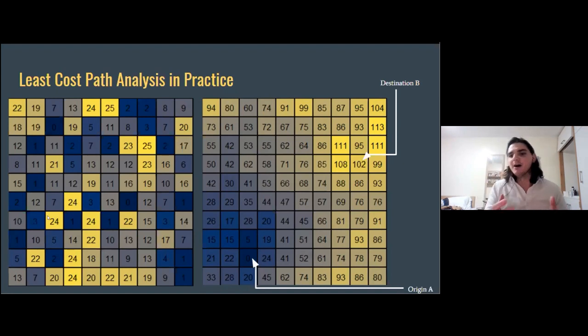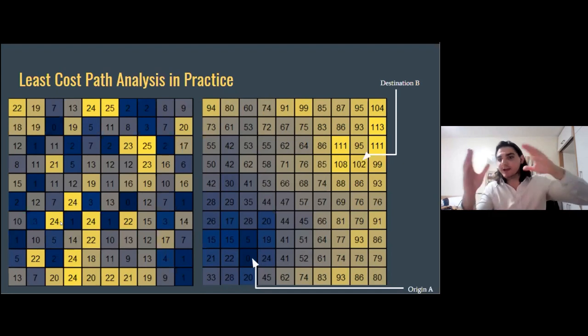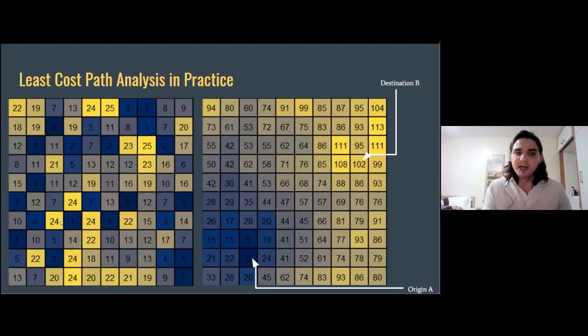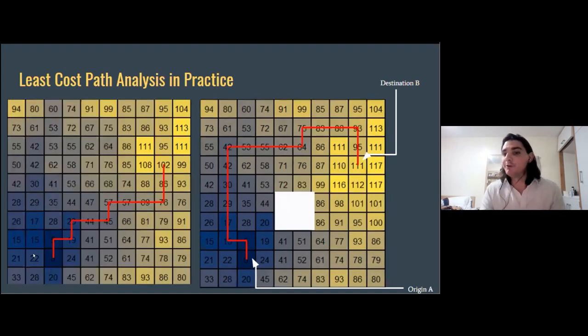And you could potentially infer from that, if you want to, that this 5 took less time because it was flatter, whereas this grid took more time because it was steeper and more difficult. But it's just a conceptual way to understand how we go from this gridded representation to creating a route. Hopefully that answered your question.